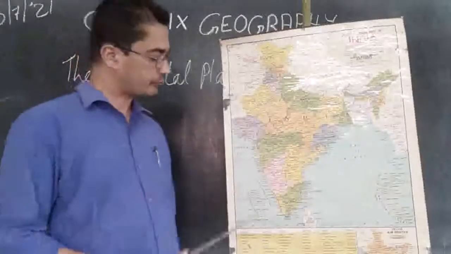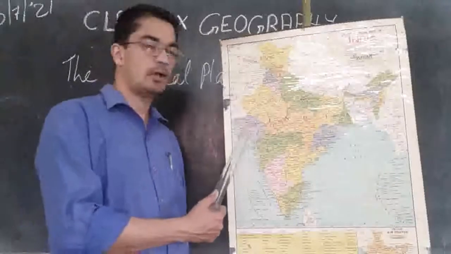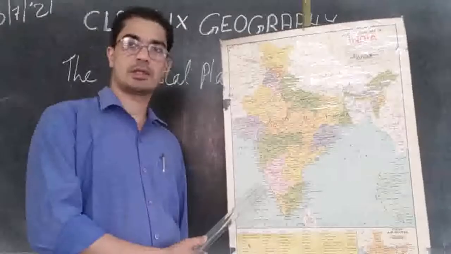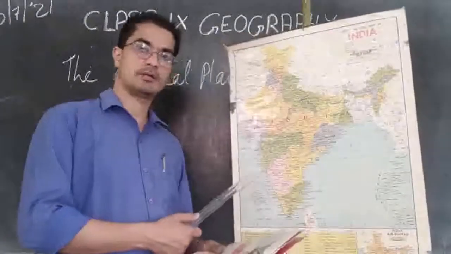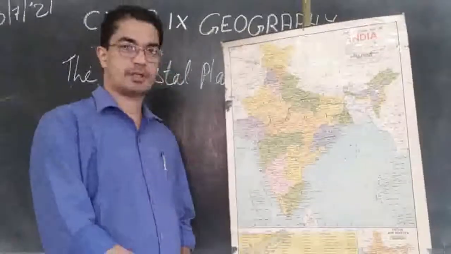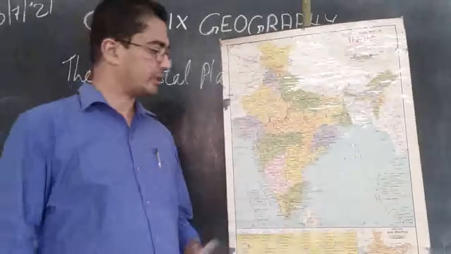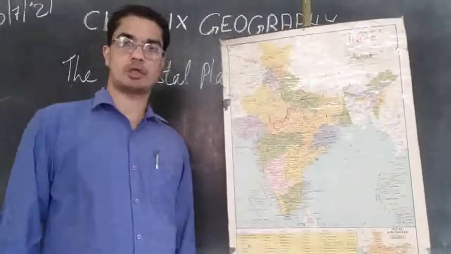So remember, the top part is called the Konkan coast, from Bombay to Goa. Then the central part is known as the Kannad plain, and the southernmost part is known as the Malabar coast. So that is all the information about the western coastal plain.